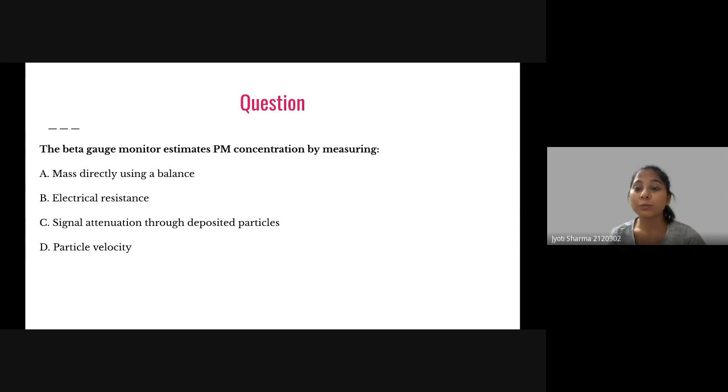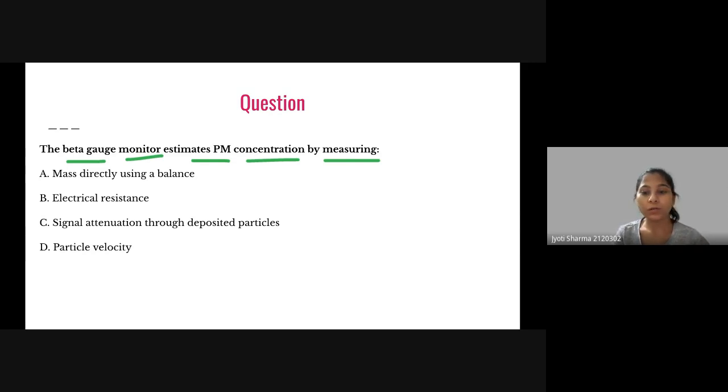Now we are moving to another instrument, the beta gauge monitor, which also estimates particulate concentration by measuring, and we have four options here: mass directly using a balance, electrical resistance, signal attenuation through deposited particles, or particle velocity.